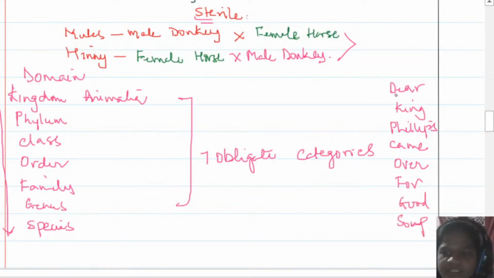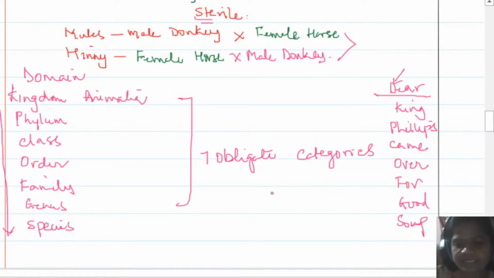Mnemonic means using the first letter of each word of the sentence. D is for domain, K is for kingdom, P is for phylum, C is for class, O for order, F for family, G for genus, and S for species. Remember that. But if we take the domain off, we have 7 obligate categories. Otherwise we have 8 if we add domain to it.